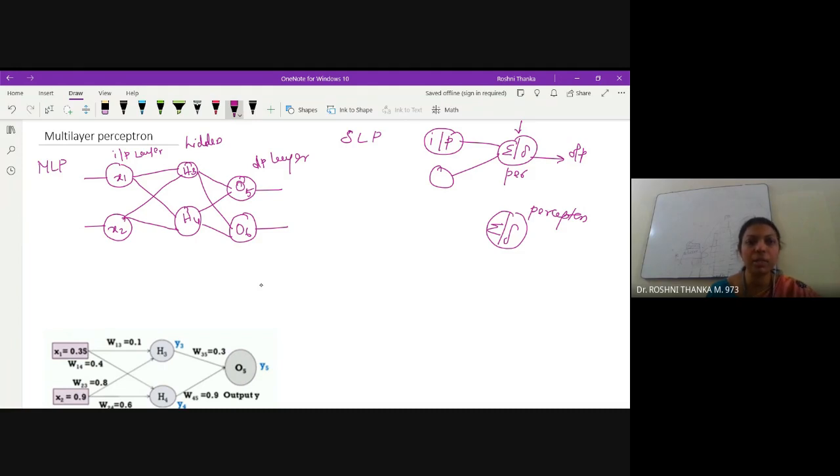And then, as usual, which we saw in the single layer perceptron, every input will be attached with a weight. And we know the importance of the weight. Weight says how well your input is impacting the output.